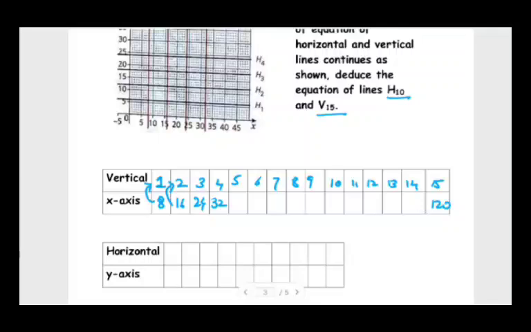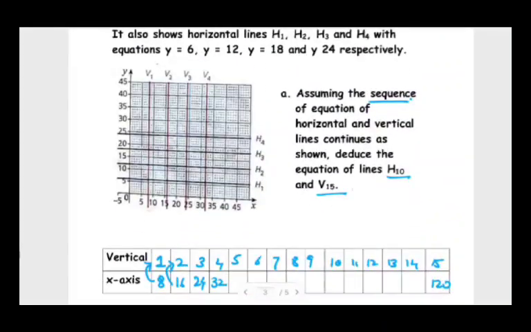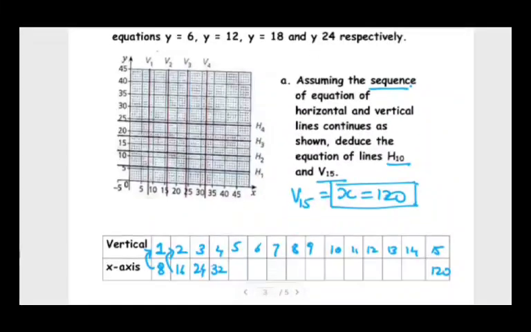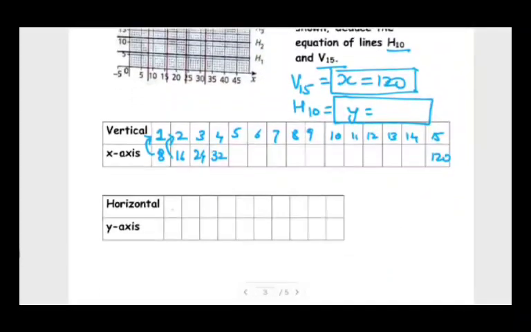Alright, so what is the equation of the vertical line? Vertical line depicts x, so the V15 equation will be x is equal to 120. Alright, so now let's look for H10. It's going to be y is equal to, so 1, 2, 3, 4, 5, 6, 7, 8, 9, 10.